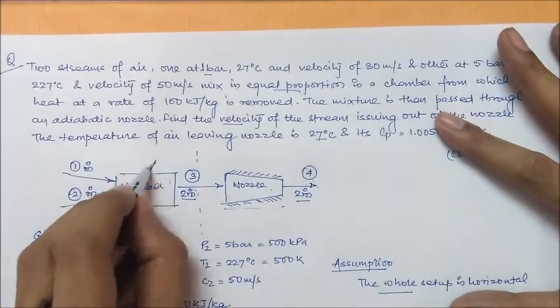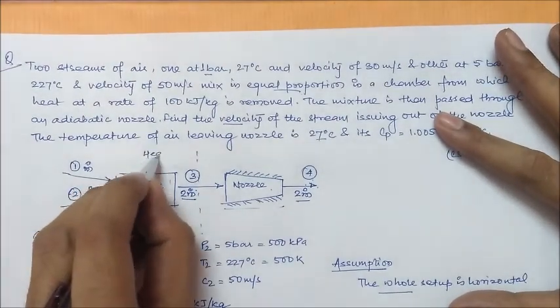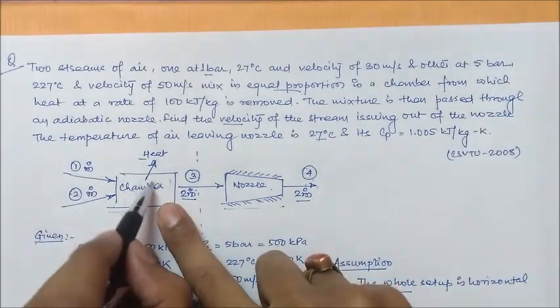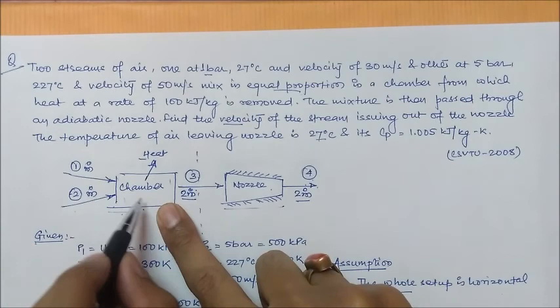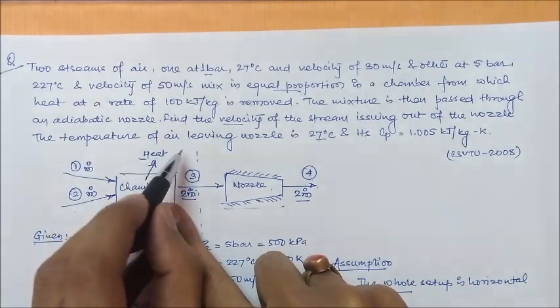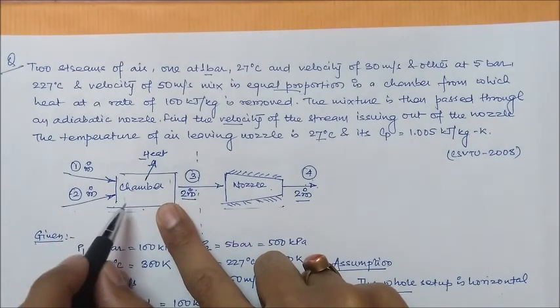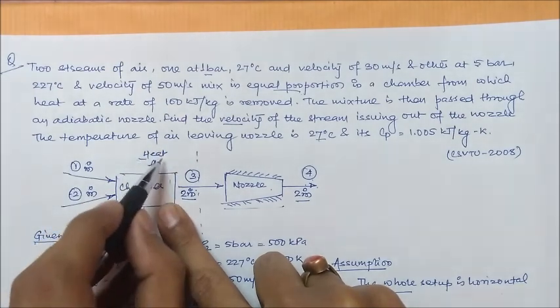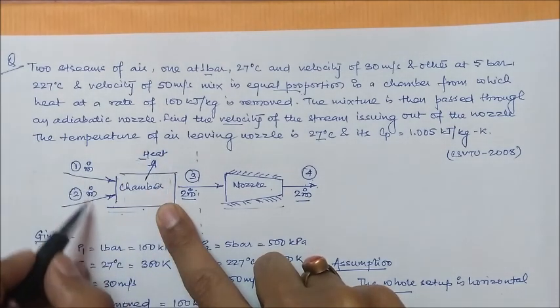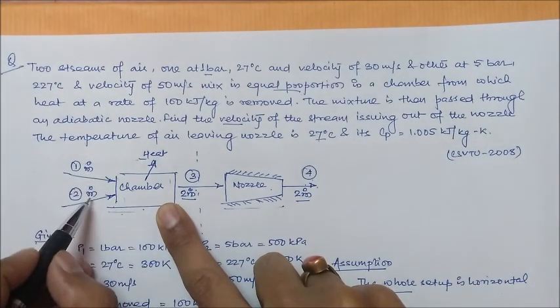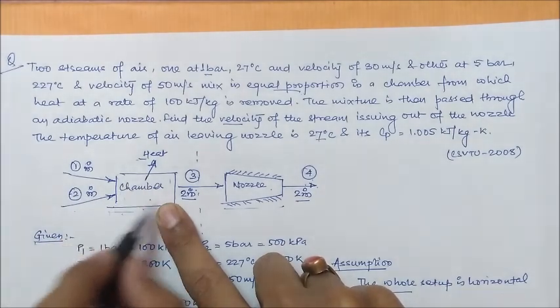See, heat is removed from here. How much heat is removed? Suppose the heat removal rate is Q dot, then in per kg terms it will be the heat removal rate divided by the sum of these two mass flow rates, because the total mass flow rate will be m dot plus m dot, that is 2 m dot inside the chamber.